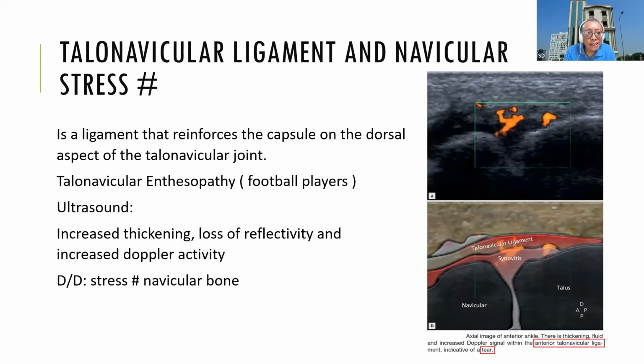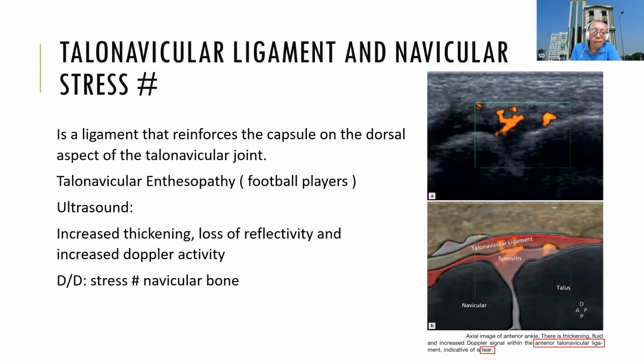So this ligament can be injured especially in football players, because when you hit the football, this is the area you use to hit it. So talonavicular enthesopathy or talonavicular ligament tear or sprain is much more common in rugby players or football players.